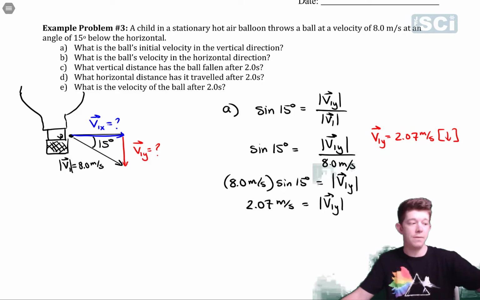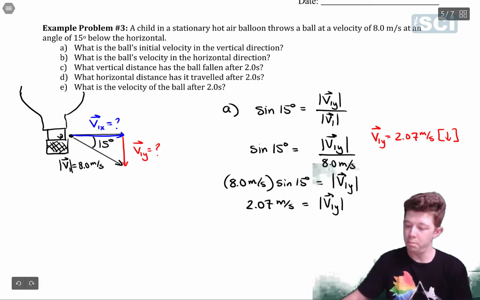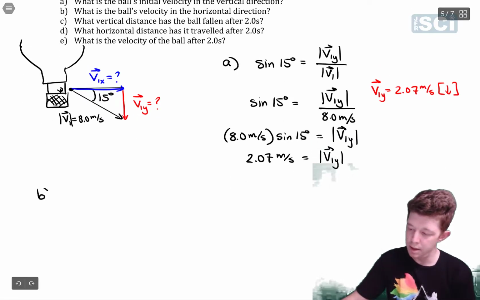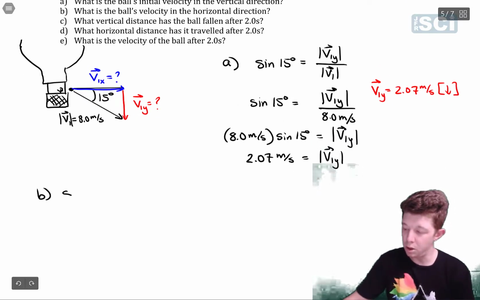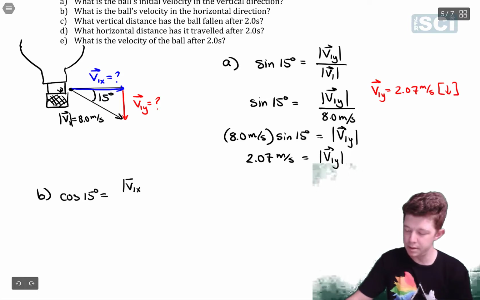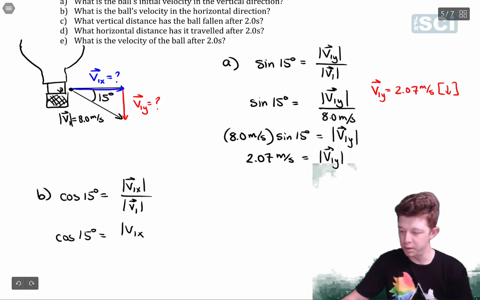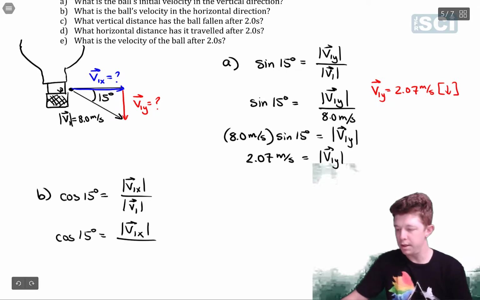Part B is very, very similar. It's asking us for the x component. So I can say cosine of 15 degrees is going to be the magnitude of v1x divided by the magnitude of v1. And we'll substitute in the magnitudes that we know. v1x we don't know, hence we're solving for it. This is 8.0 meters per second.